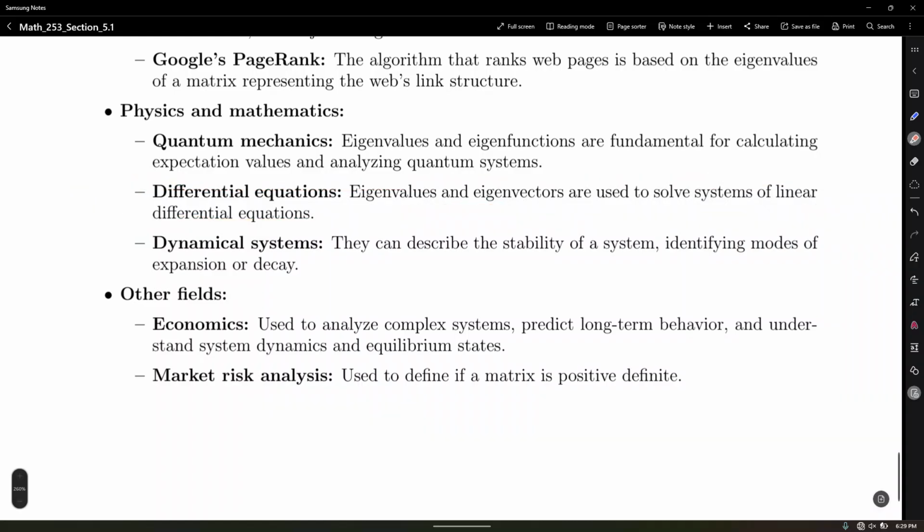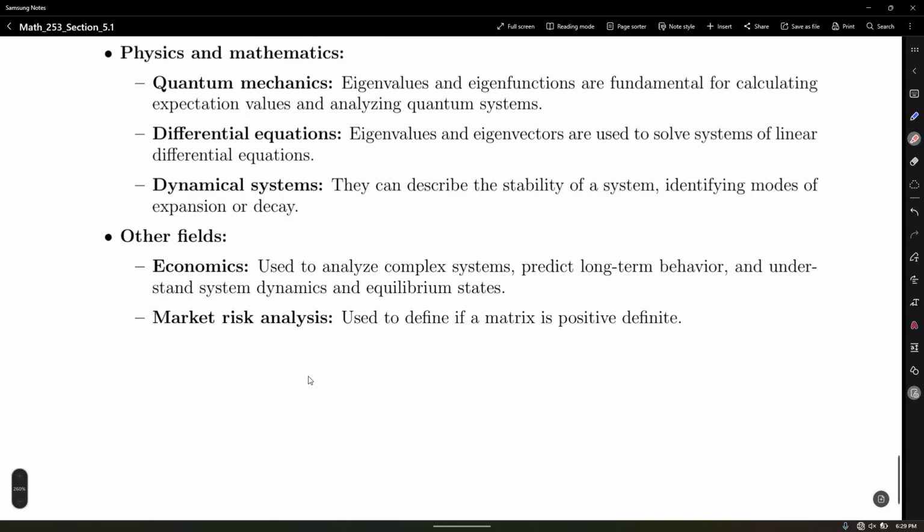And in dynamical systems, which are the next step to this, they describe the stability of a system, identifying the modes of expansion or decay, because usually these systems of equations relate a growth and decay system, all right? And in other fields, like economics, we use these eigenvalues and eigenvectors to analyze complex systems, predict the long-term behavior, and understand system dynamics and equilibrium states.